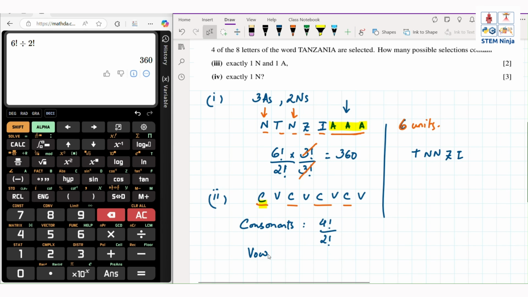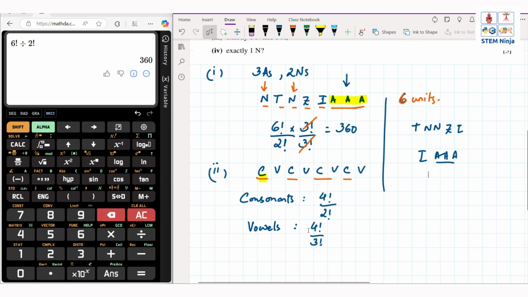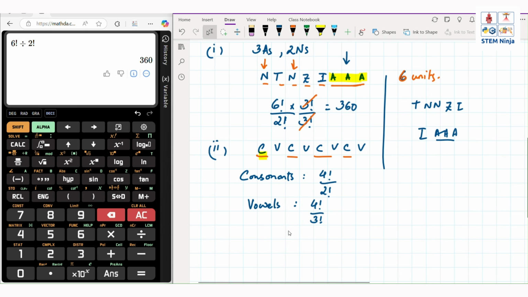For vowels, we also have 4, but 3 of them are identical because you have I, A, A, A. Now we multiply these together to combine them both because this is a single event.